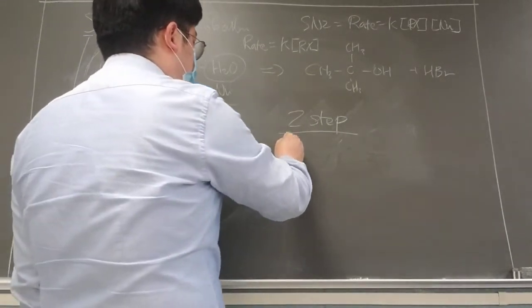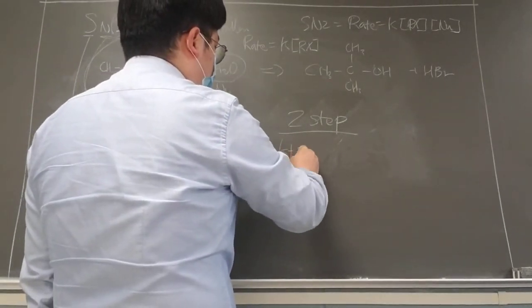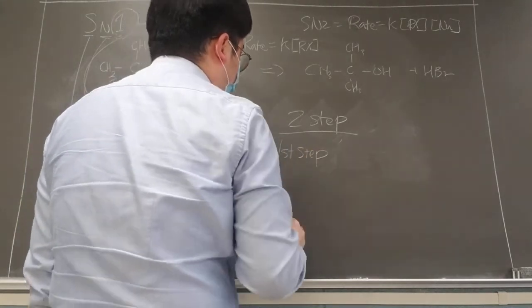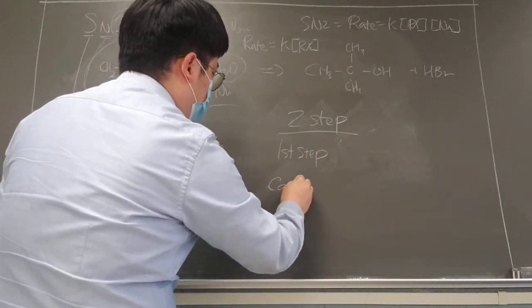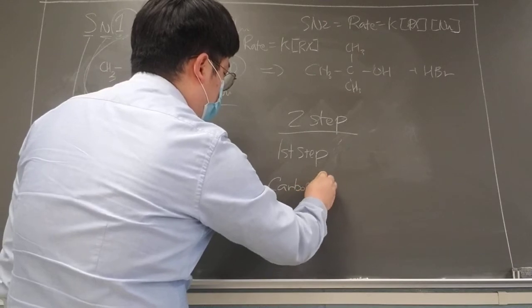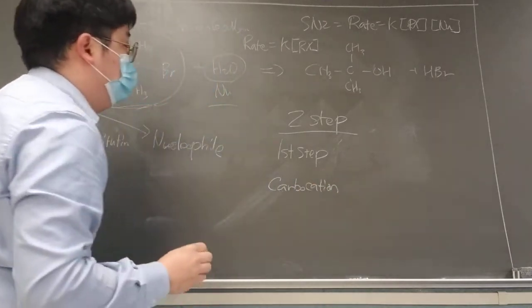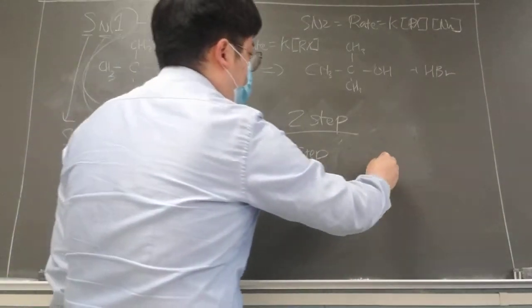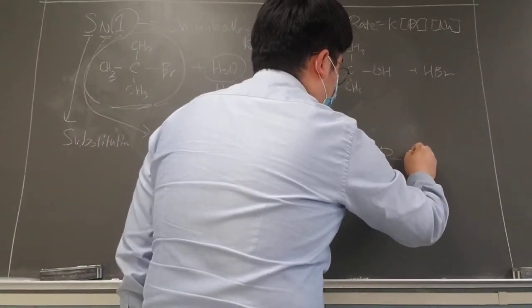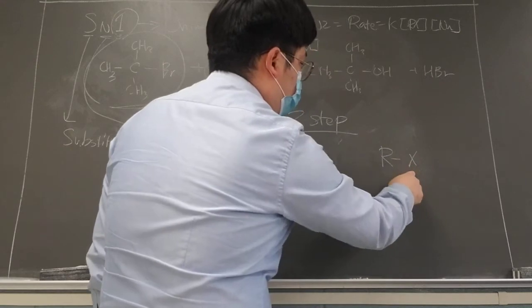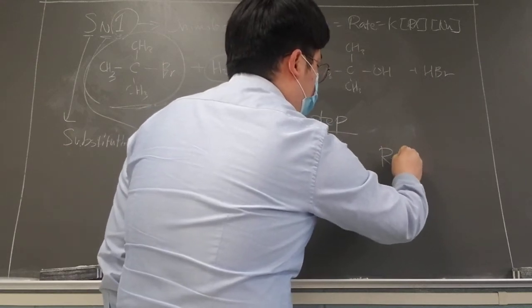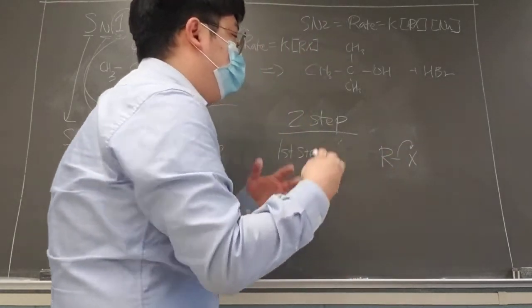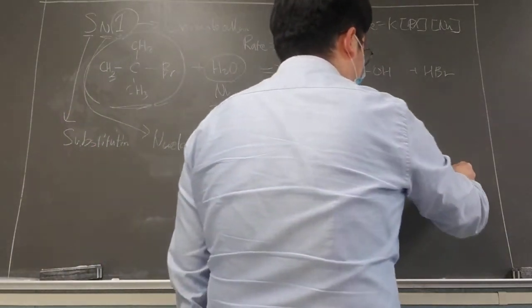The first step is where you're going to get a carbocation. If you have a highly substituted compound with a leaving group over here, they're actually going to break apart first. This is the first step.